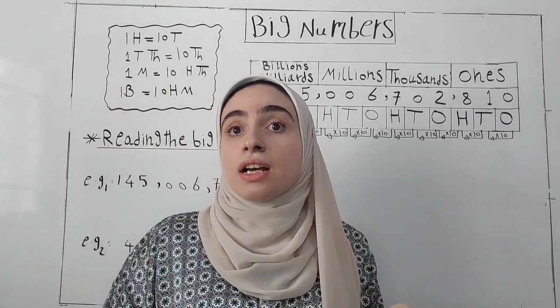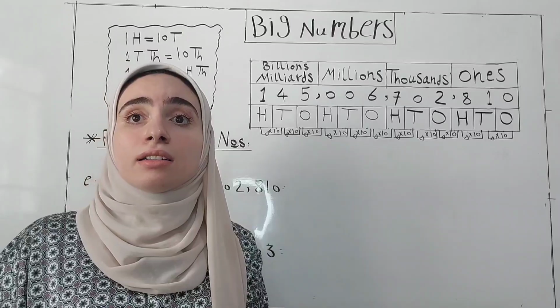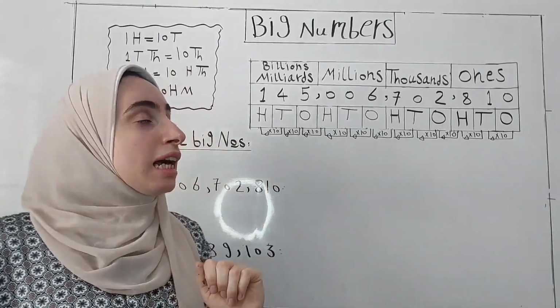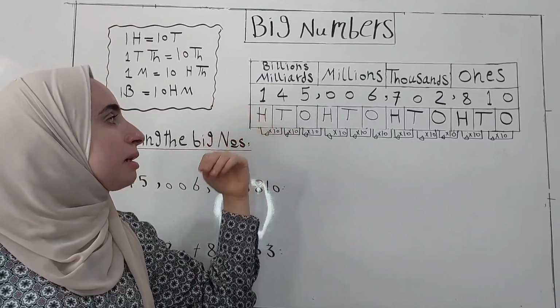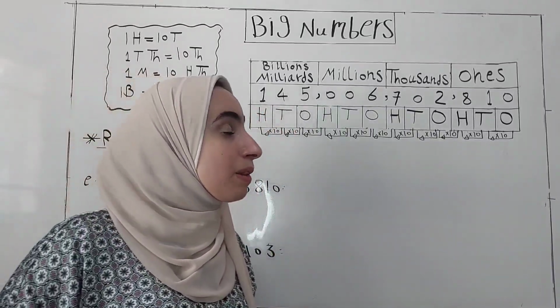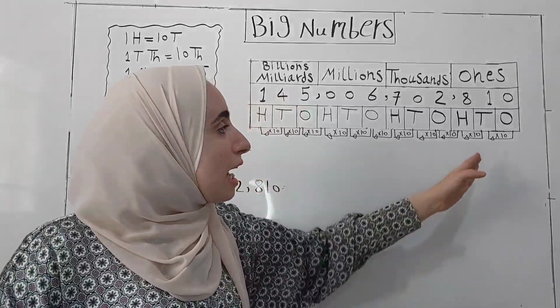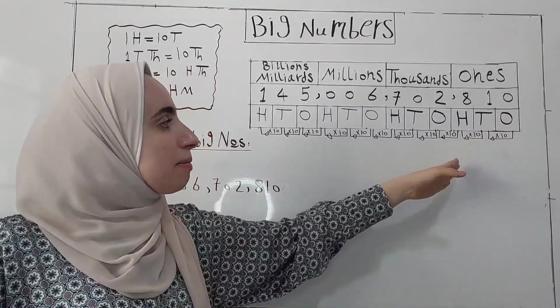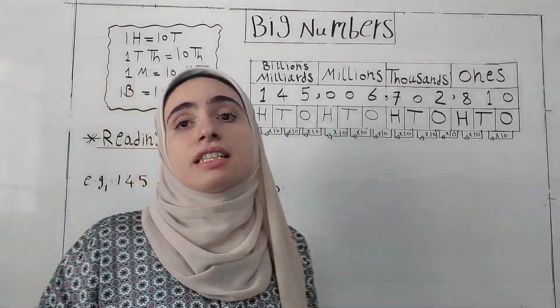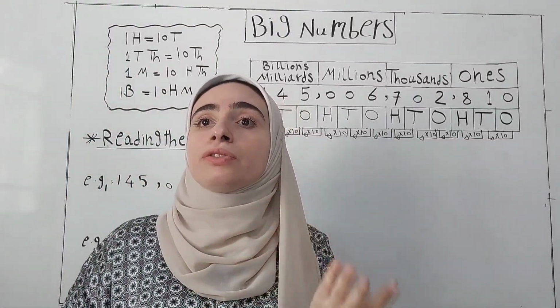And the fourth family is called milliard or billions and also has 3 places: milliard, 10 milliard, and 100 milliard. As we go from one place to the next higher place, the digit increases in value by multiples of 10.